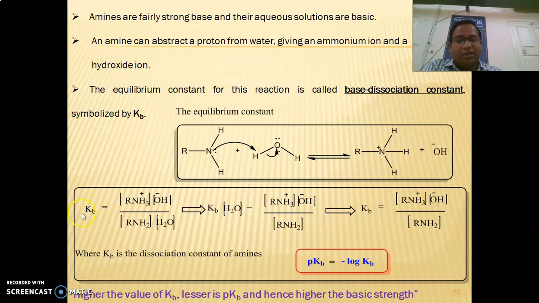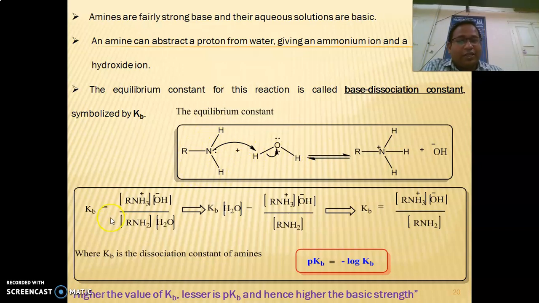So the Kb dissociation constant is equal to the product of the concentrations of the conjugate acid and the hydroxide ion divided by the concentration of the amine and the water molecule.